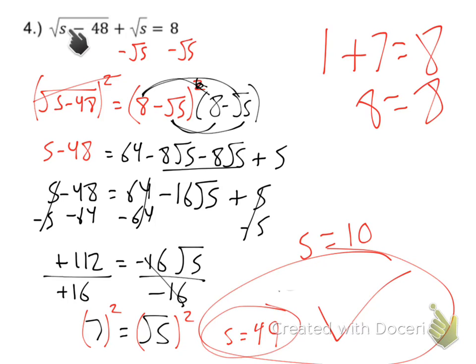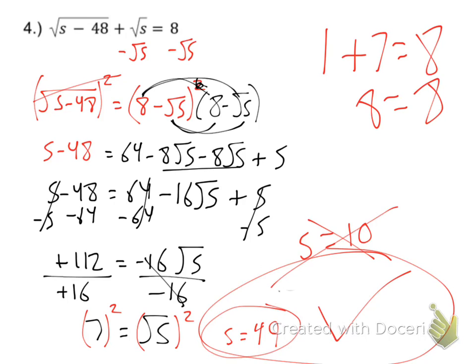Well, then you can do 10 minus 48. That's negative 38. What's the square root of negative 38? Not a real number. Guess what? 10 doesn't work. Not square rooting negative numbers. Done. So 10's out. So that would be considered, if it came out that way, an extraneous solution.